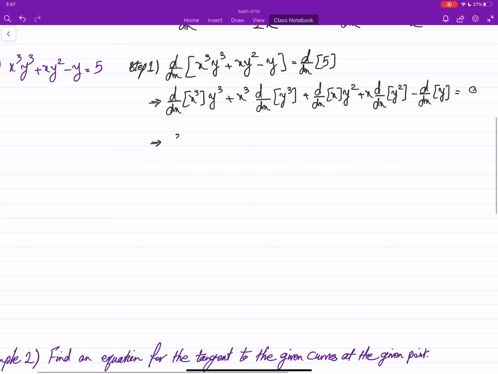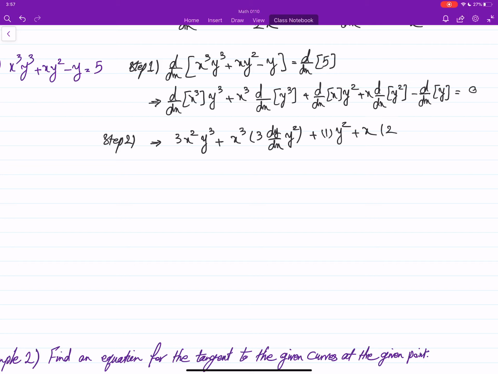Okay, then this is 3x squared y cubed plus x cubed. This is basically step 2: wherever you see an expression in y, apply the chain rule. This is 3 dy/dx y squared, plus 1 times y squared plus x times the derivative of y squared, which is not just 2y.